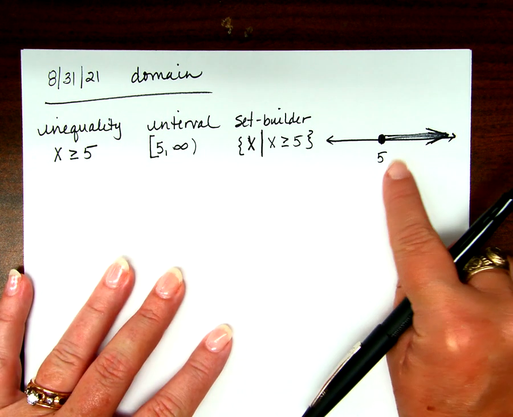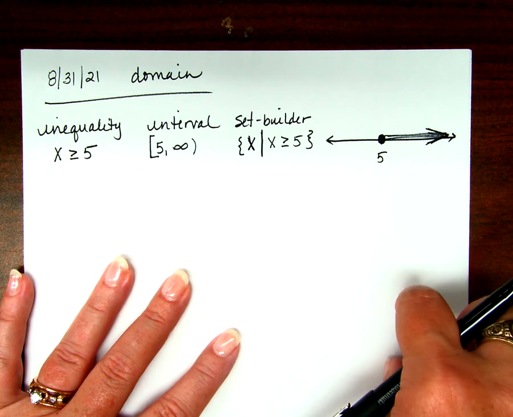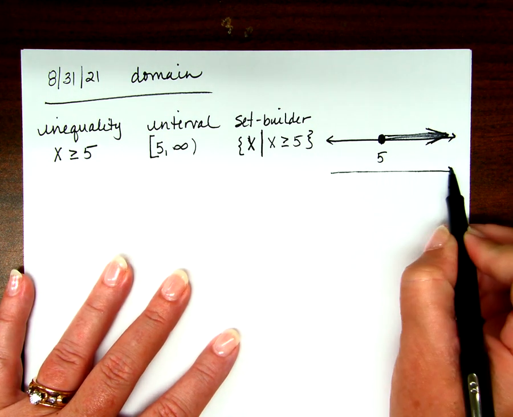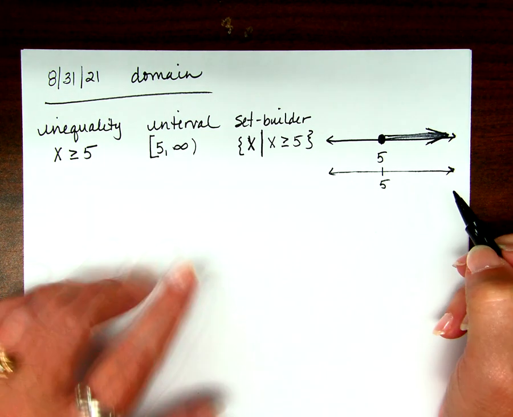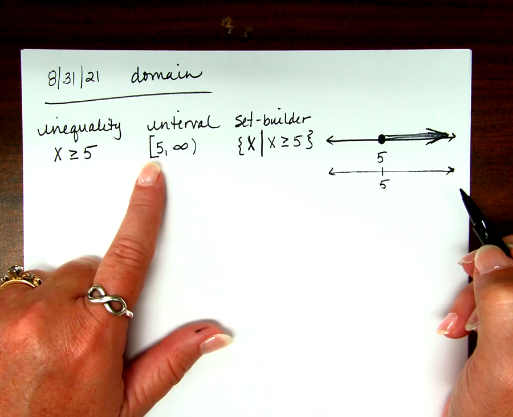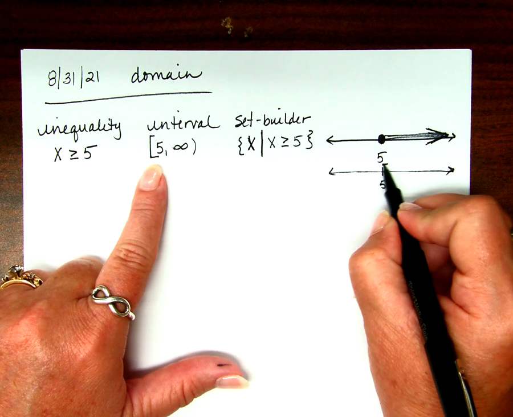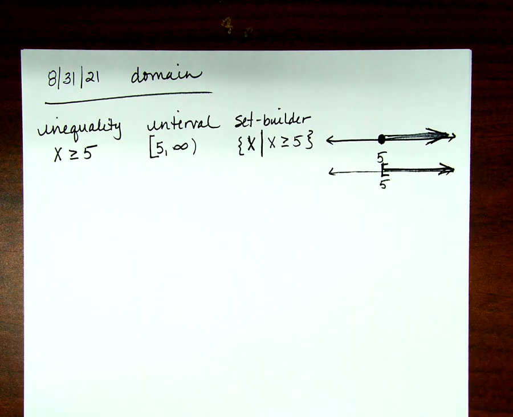Our textbook uses this, but the college algebra stuff that I teach from uses something different, so I want you to have seen that as well. There's the 5. What did we use on our interval notation? On the 5? A bracket. So I could put a bracket here with an arrow going this way. That's also acceptable. Does that make sense?